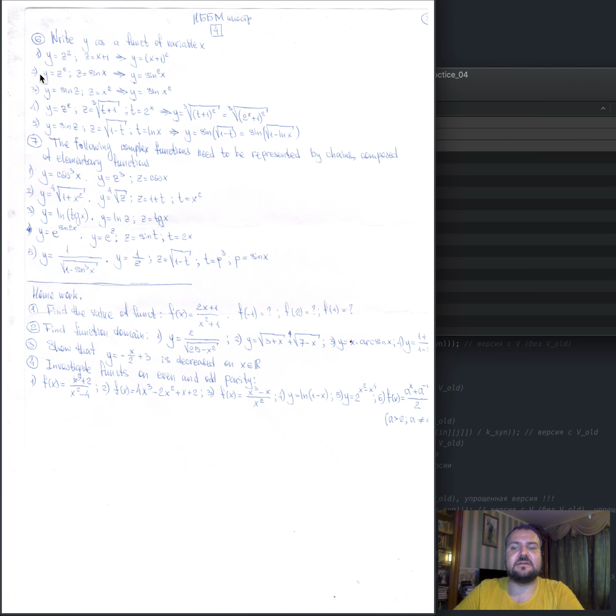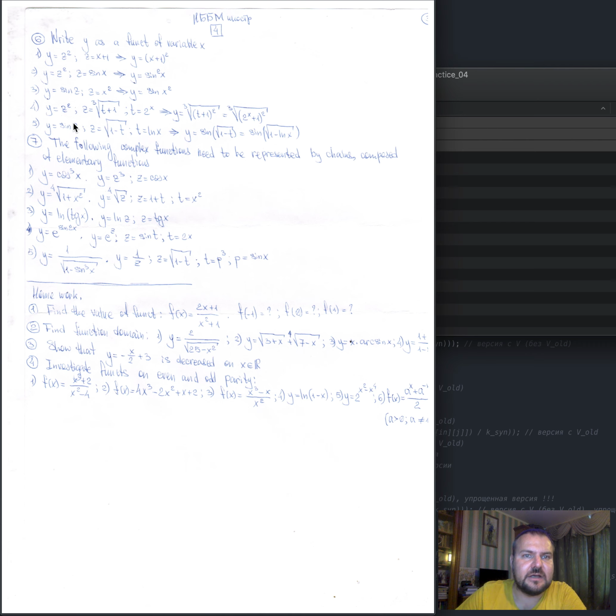Then y is z squared, where z equals sine x. So of course y will be equal to sine squared of x. Another type. y equals sine z, where z is x squared. y is sine of x squared.